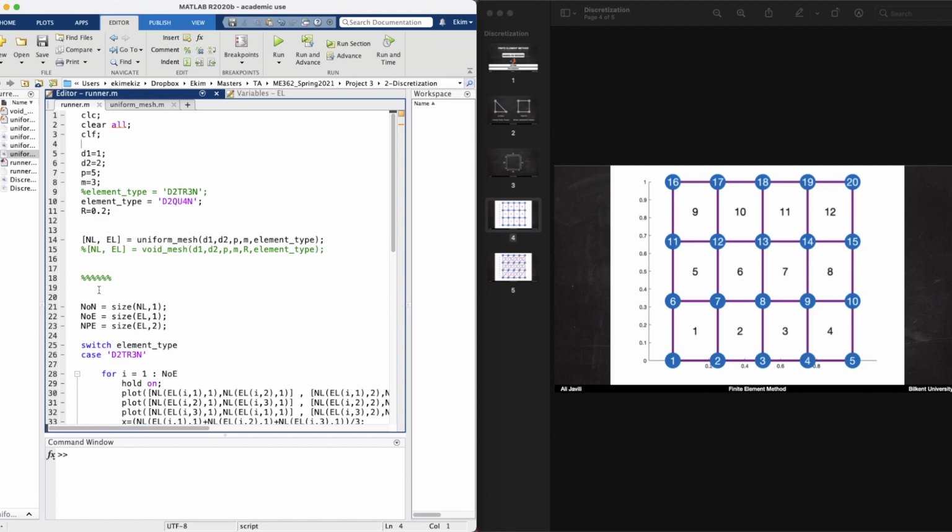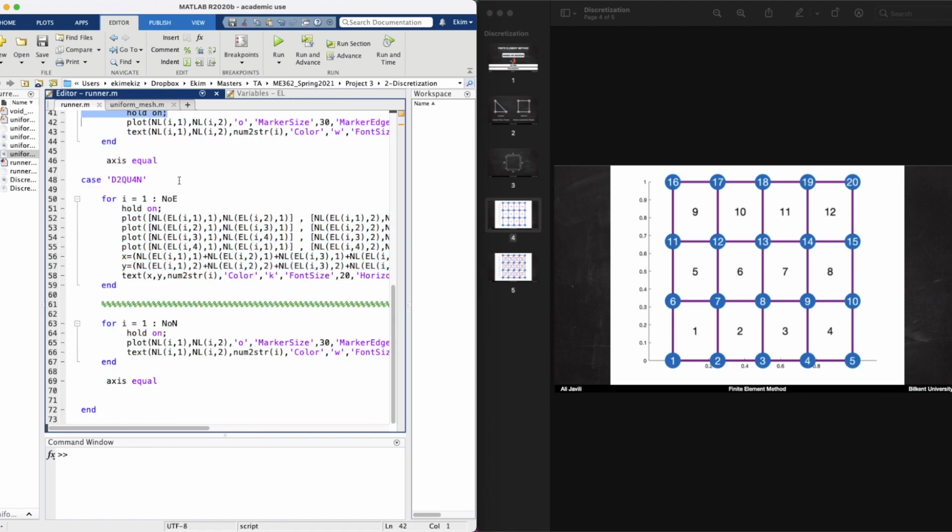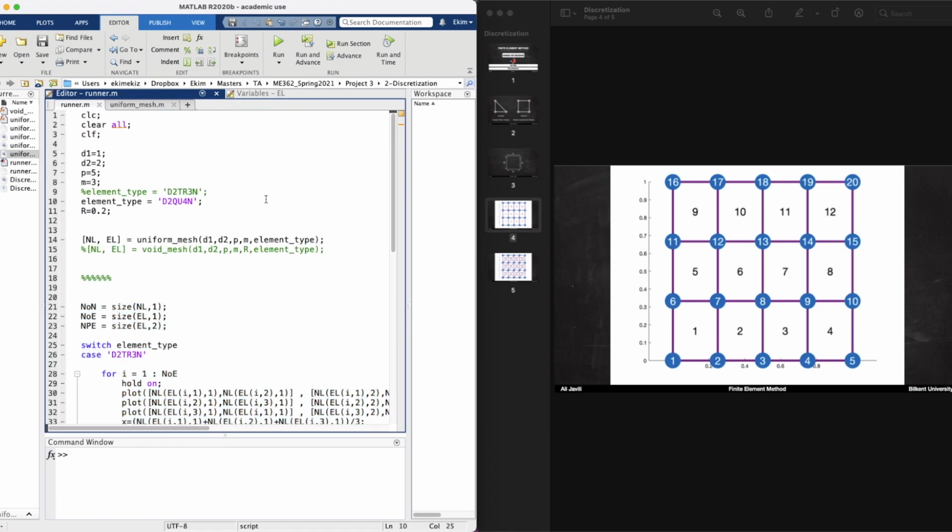And up until this point, here is our actual runner, and the rest is just plotting. I won't actually go through that because you did learn how to plot nodes and elements and their labels in your previous project. So we will just use them for visualization.